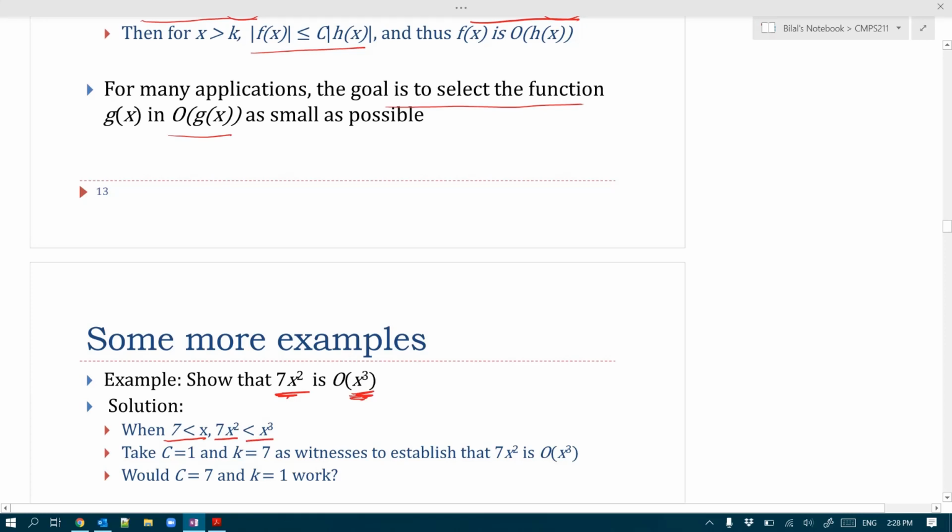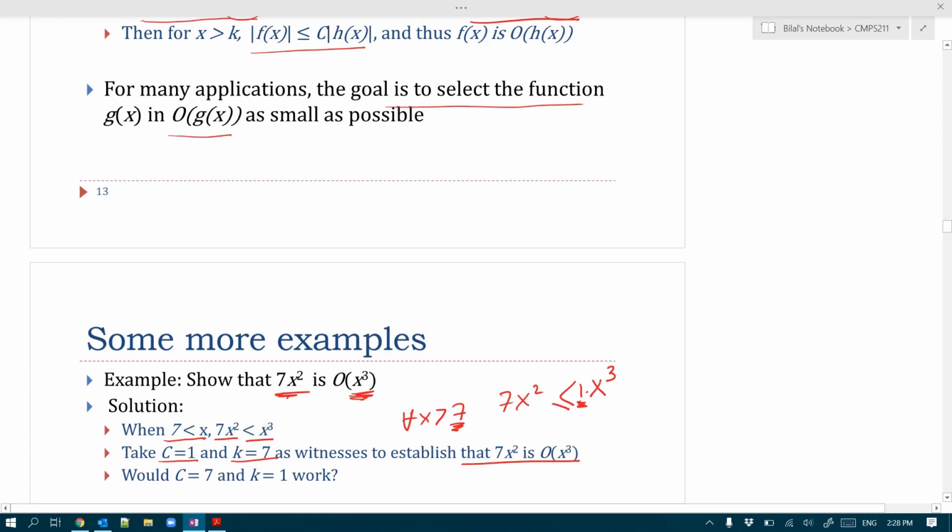So for k equal to 7, we can have c equal to 1, and for every x that is greater than 7, it happens that 7x squared is less than or equal to 1 times the function x cubed. So for c equal to 1 and k equal to 7, we can show that 7x squared is of the order of x cubed.